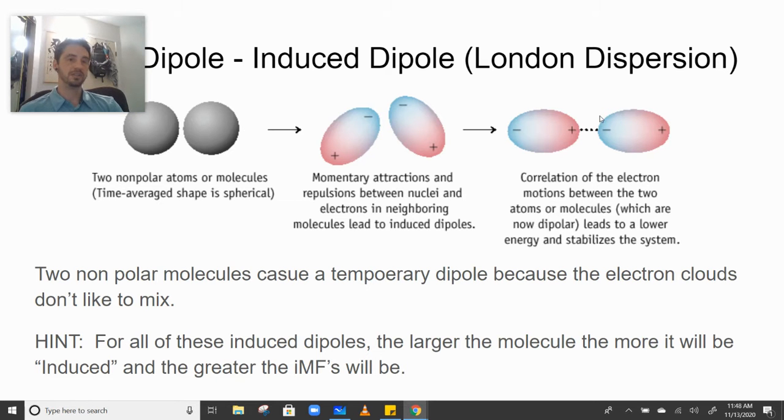The forces that make the electrons disperse, and then that interaction between the two, the intermolecular forces, are those van der Waals forces. But like I said, London dispersion forces and van der Waals forces are kind of used interchangeably.